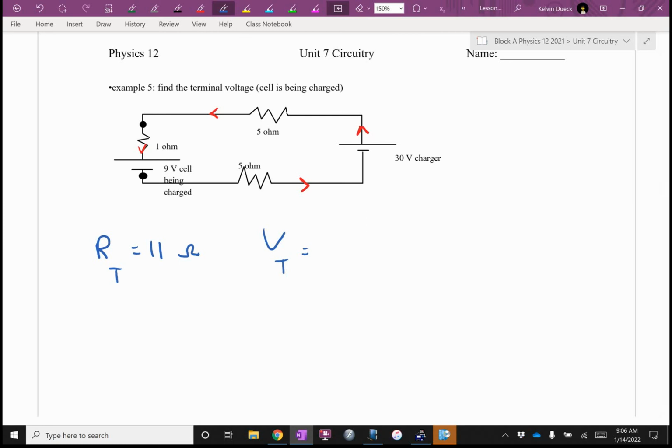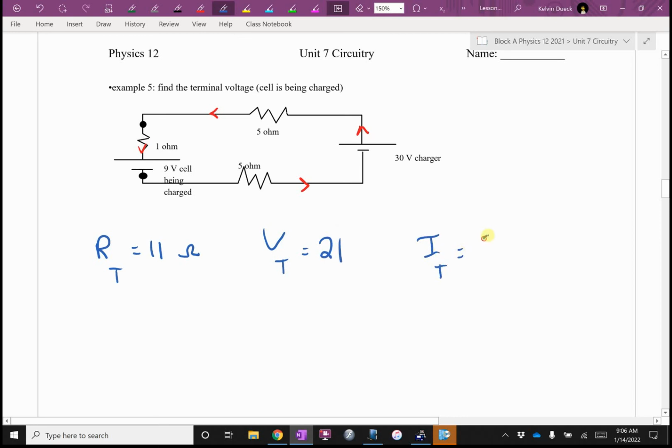$21, right? Gain 30, lose 9, if we just look at the batteries. What's the total current?